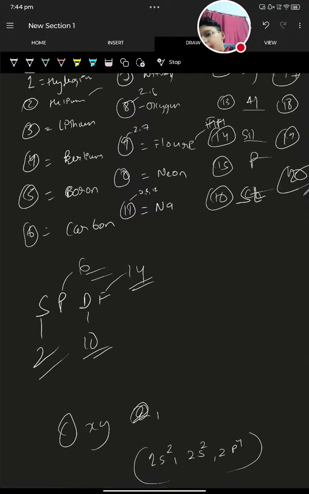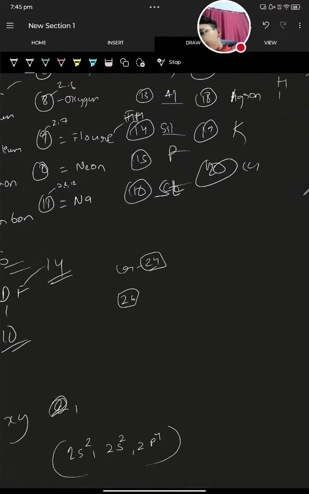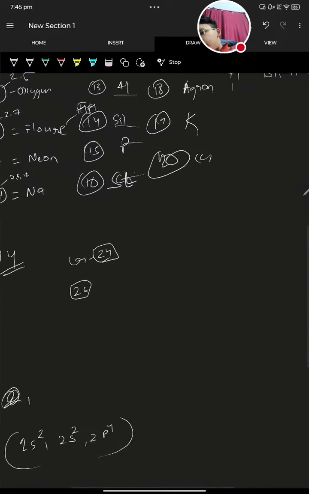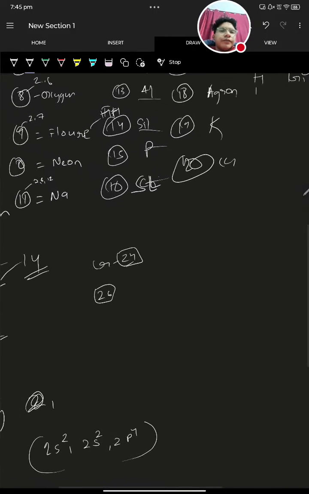Then there was a differentiating thing in iron and chromium, iron being 26, chromium being Cr, 24.